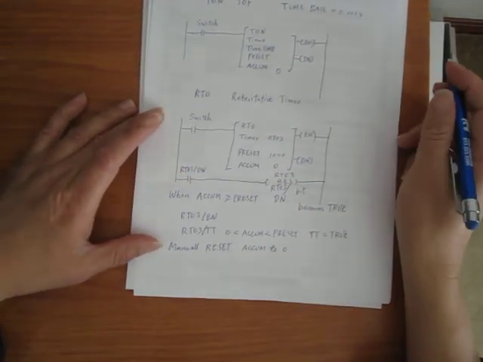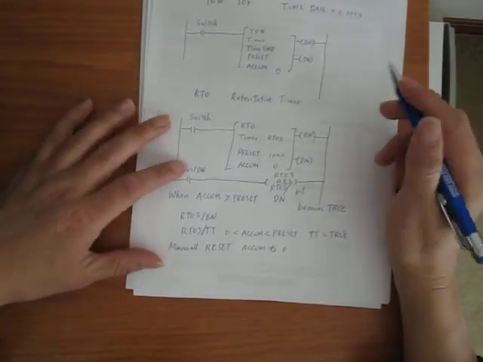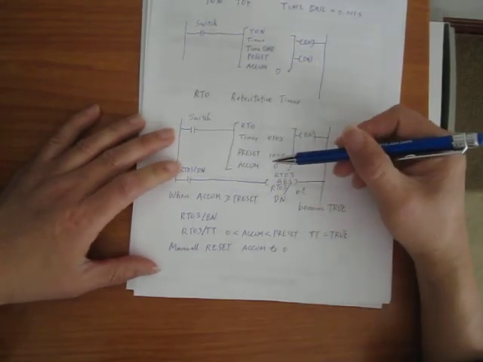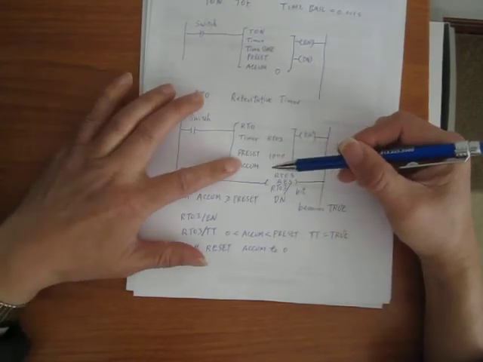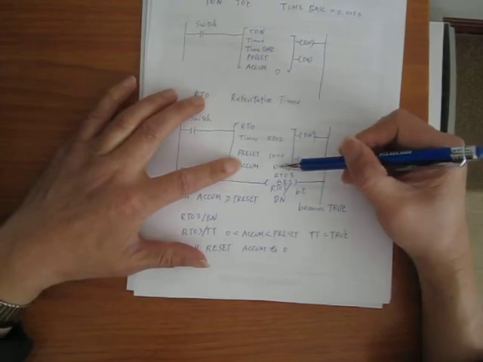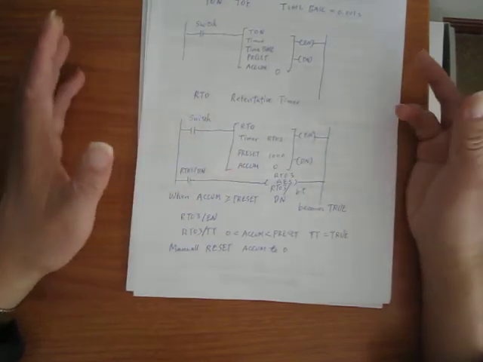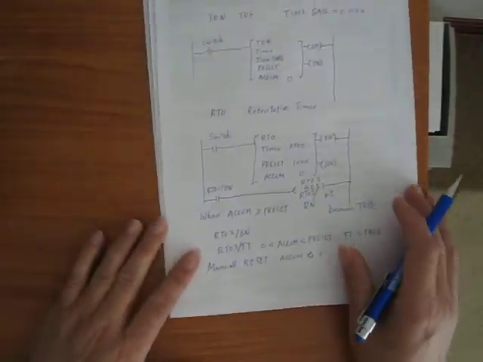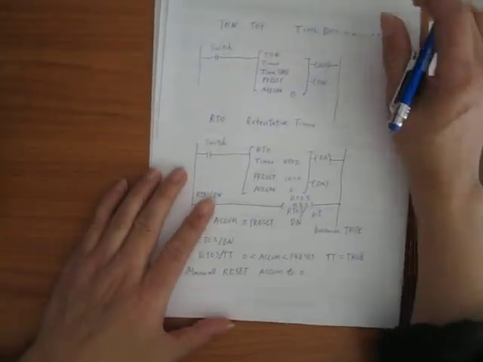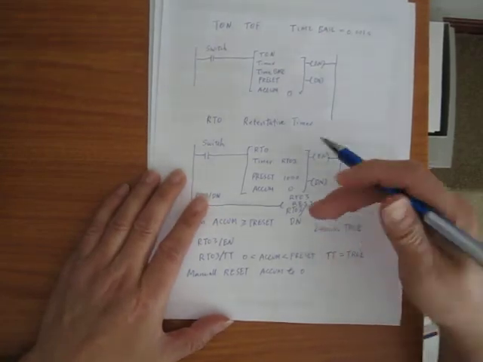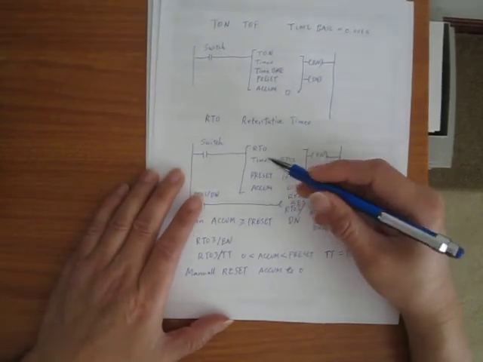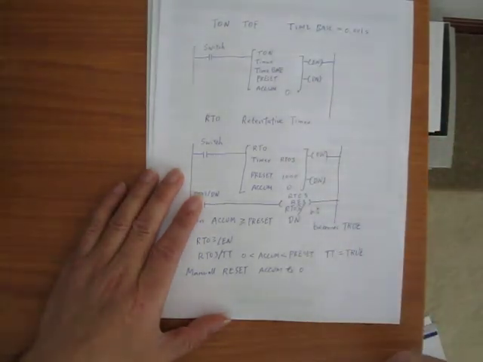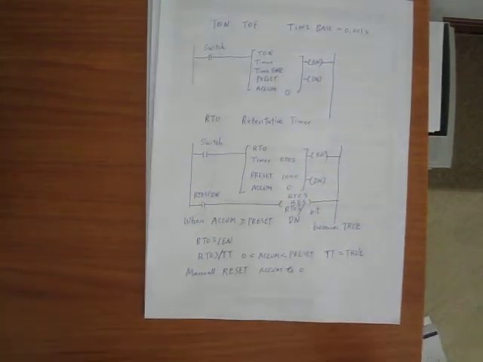This way, when this DN becomes true, I will reset this accum to 0. That's how RTO works. And next lecture, I'll show you one application where we can use the RTO.